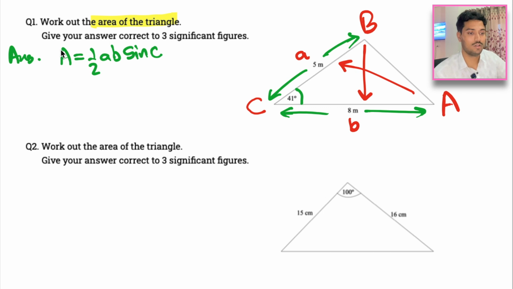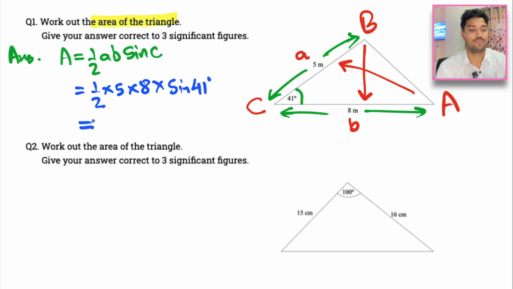So now let's check. Substitute the values, half A into B, that is 5 into 8 into sine 41 degrees. Let's calculate this in the calculator.